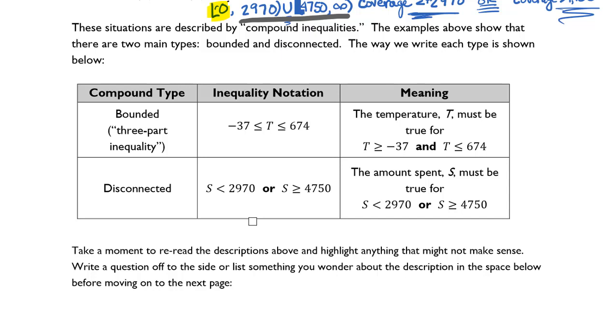The break in values situation will always be the disconnected one. And the bounded scenario will always be the one that is all together in one group. Those are called bounded or disconnected, which hopefully makes a little bit of sense.